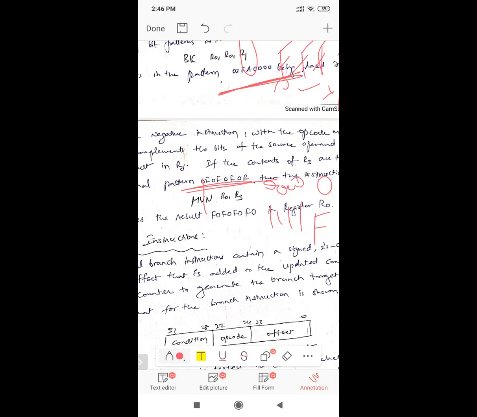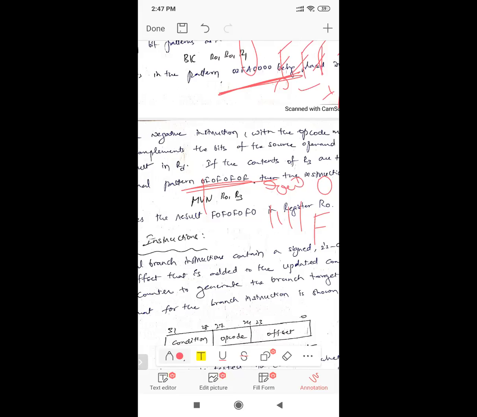It is the logic operation, that is complement. The NOT operation is performed with the mnemonic move negative, MVN. The move negative instruction is just simply the NOT operation. In an ARM processor, the NOT operation is performed using the MVN instruction. It just complements ones to zeros and zeros to ones.